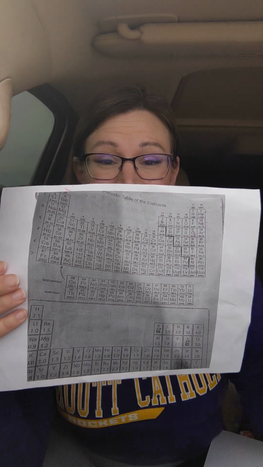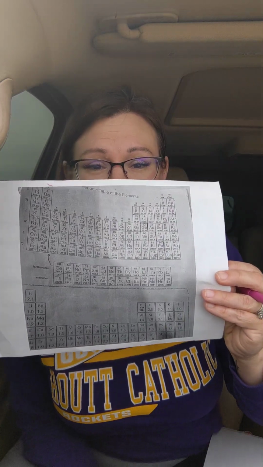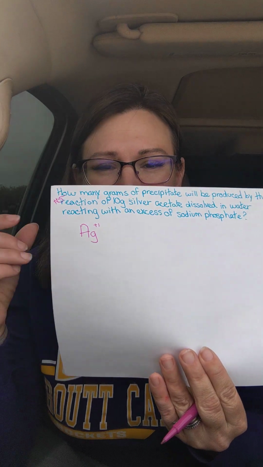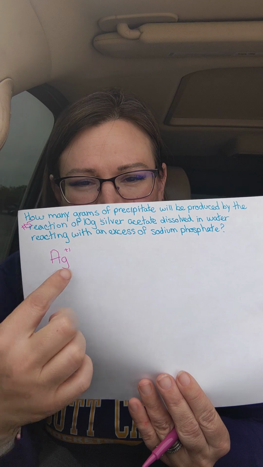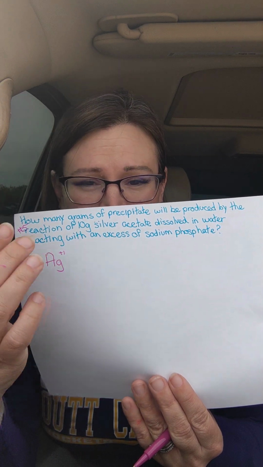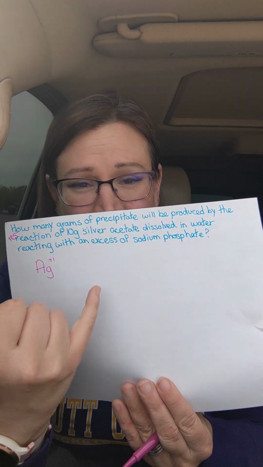So we know that silver is going to have a charge of +1. So we will write that Ag, and then we're just going to write a little +1 next to it, so we know that whatever we're putting with it, it'll have a +1 charge, so no subscript.